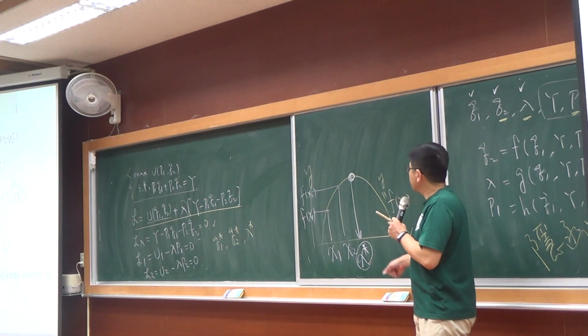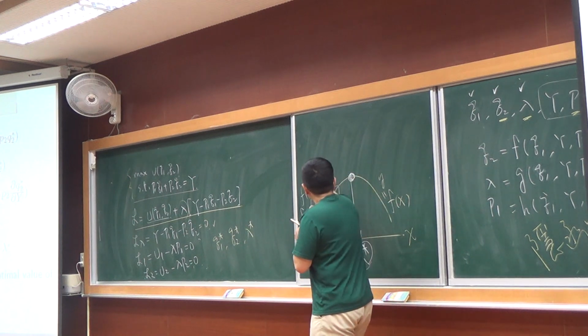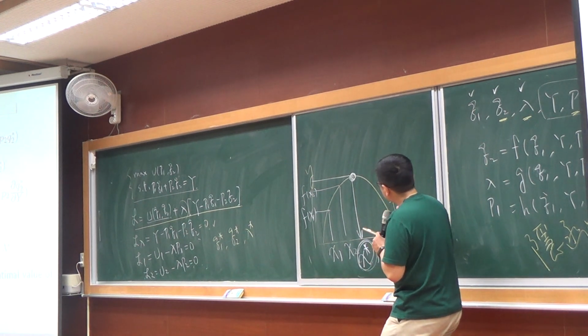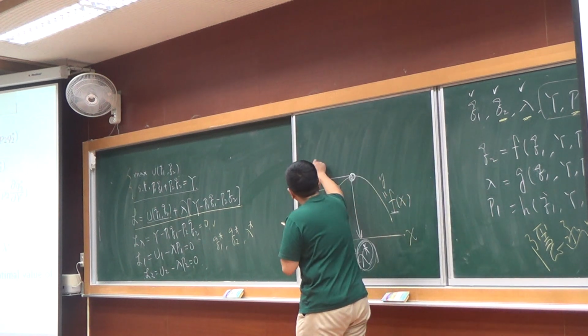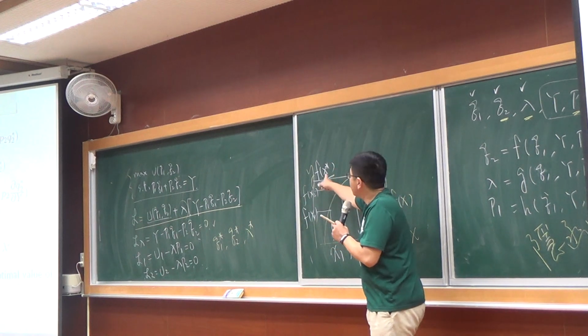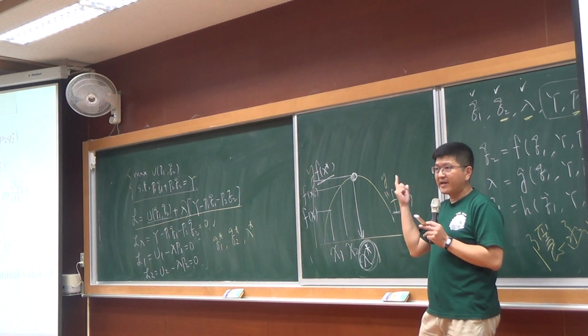So it's like an inverse U shape. And if we replace this value back into the function, we would have f of x star. Is that right? And we call this value the stationary value. Do you remember that?